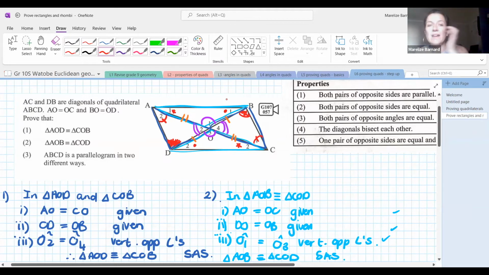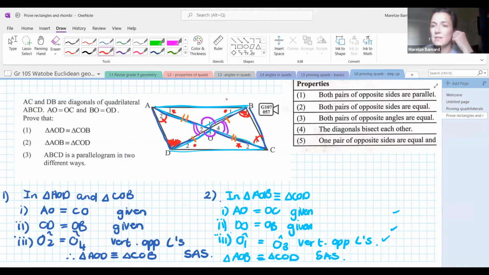So in actual fact, we can prove that the opposite sides are equal, the opposite angles are equal. And because of where those angles are, B1 and D2 are actually alternate. So we can prove that the opposite sides are parallel. And then we can also prove, obviously, the diagonals bisect.